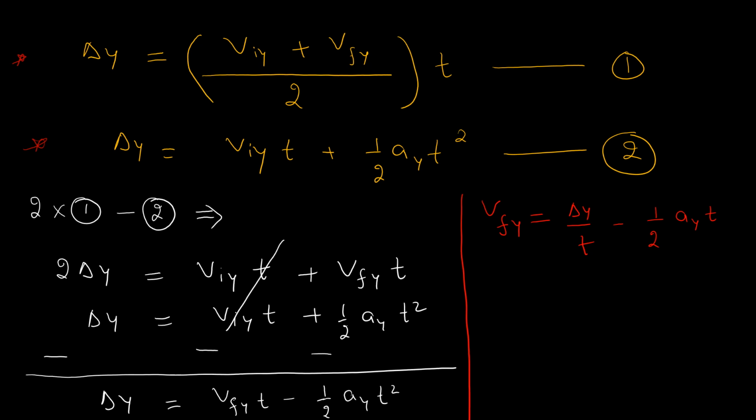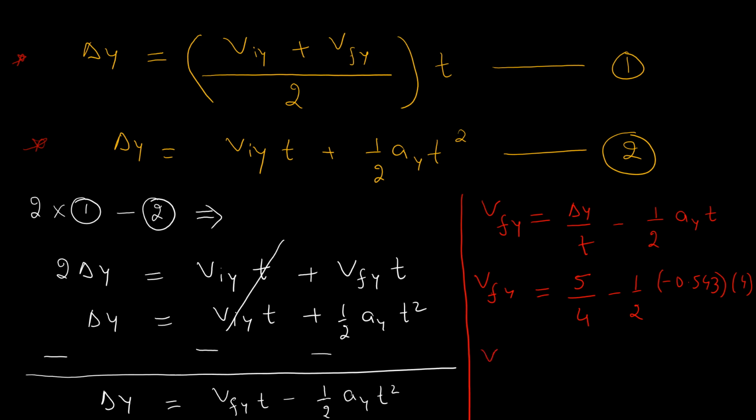So we have this equation, and now we'll just plug in the values. Our delta y was 5, t was 4 seconds, minus half, a we got negative 0.543, and t is again 4, given to us.